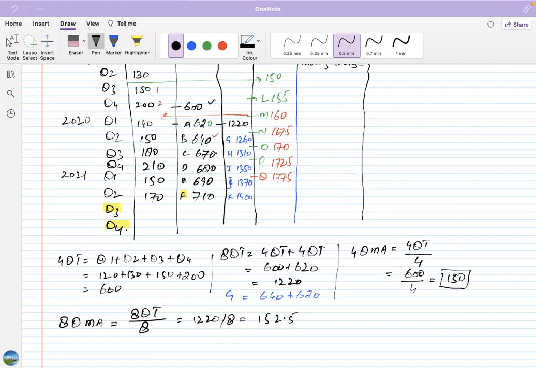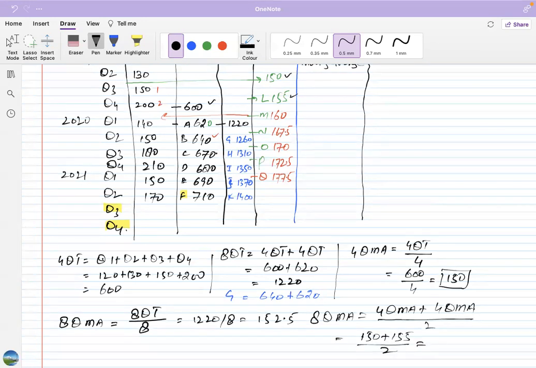But the problem is the 8-quarter total column will again most probably not be given in the paper. So we will have to use another formula: 8-quarter moving average is equal to 4-quarter moving average plus 4-quarter moving average, divided by 2. This is the first 4-quarter moving average, and this is the second 4-quarter moving average. 150 plus 155 divided by 2. The answer will again be 152.5.